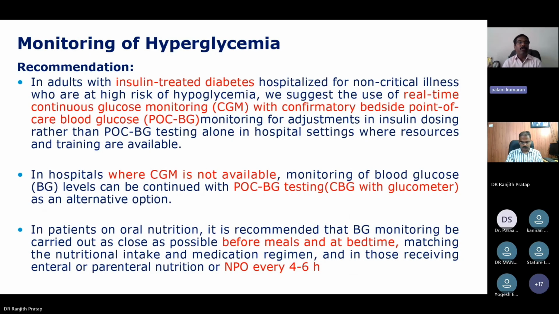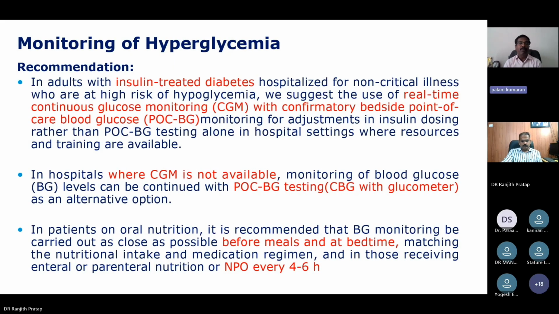So we have to monitor. So how are we going to monitor the hyperglycemia? For insulin treated patients, the recommendation is, if CGM, real-time glucose monitoring, is available, definitely we can go with that. But then and there we have to do confirmatory bedside point of care blood glucose testing with the glucometer.